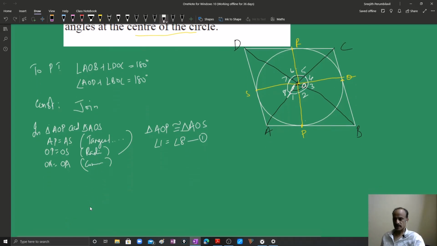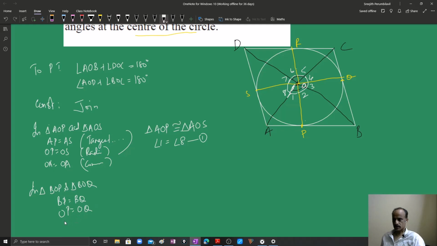Similarly, we can prove that in triangle BOP and triangle BOQ, BP is equal to BQ, tangents. OP is equal to OQ, radii.